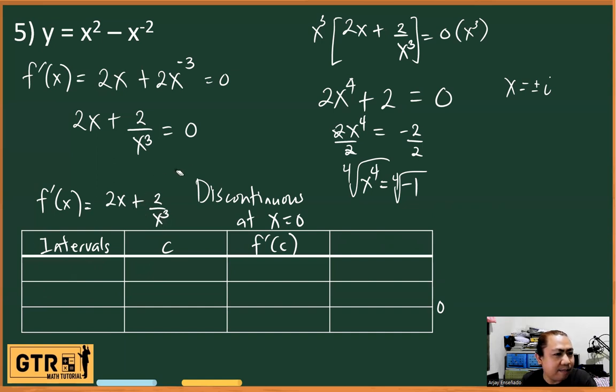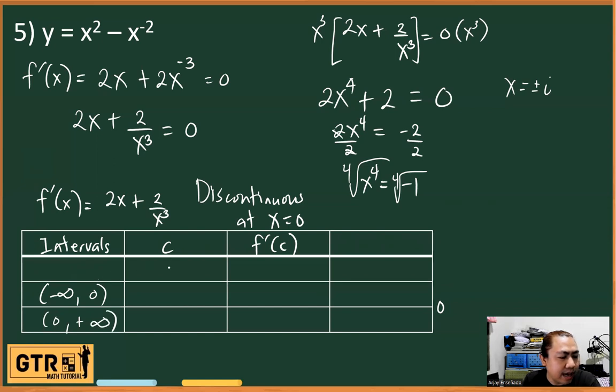So pag sinimplify natin ito, that is 2x to the fourth plus 2 all over x cubed. Lagay na lang natin dito ay negative infinity up to 0 and then 0 to positive infinity.